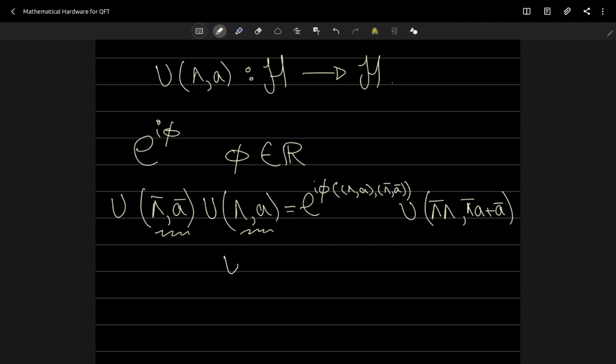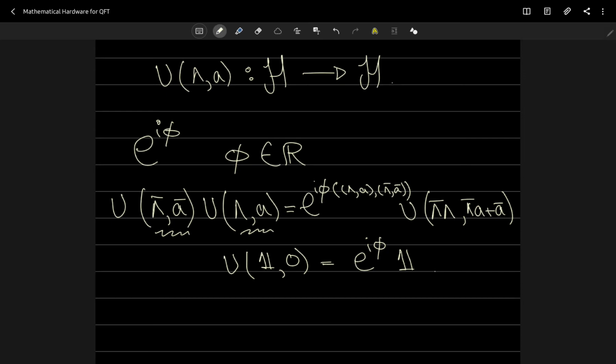And so the unitary of identity, this one, is equal to exponential iota phi, and over here I would just have identity, right?